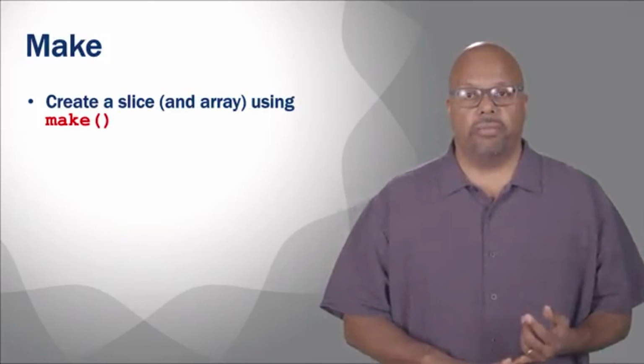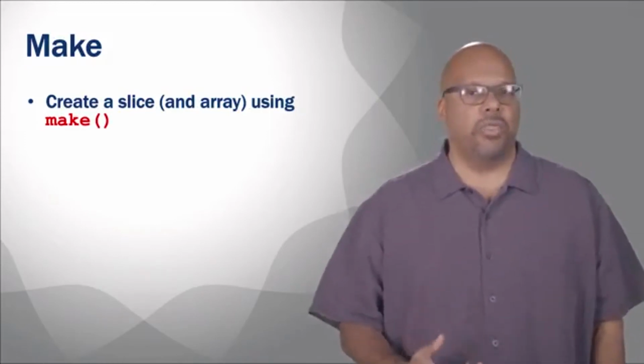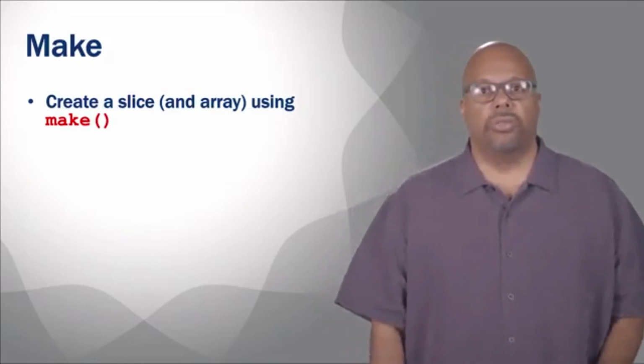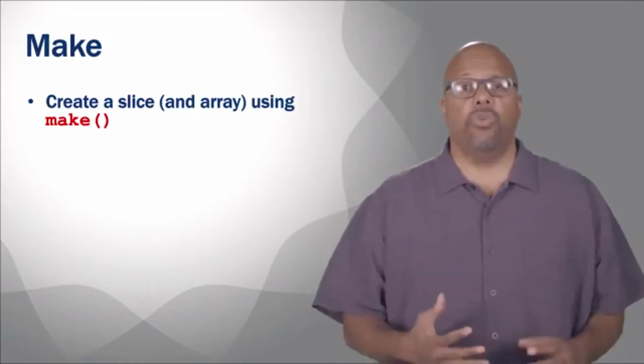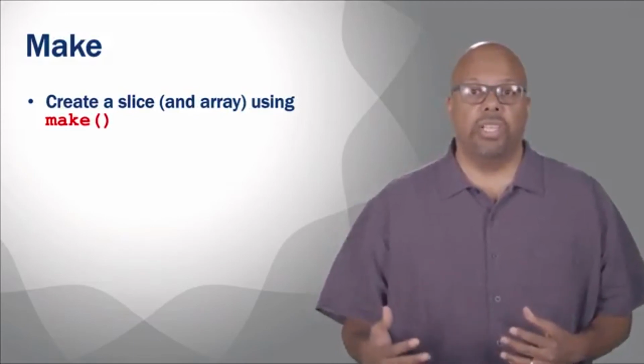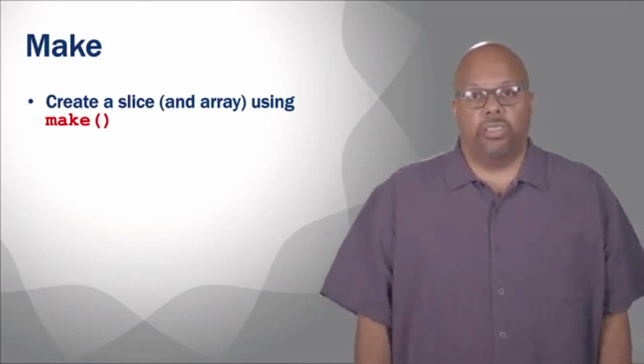This is the third way. You make the slice directly, but you're not initializing with any particular values. So this is common. This is when you want to use a slice because it has this variable size ability, and you don't care that there's an array in the back, right? But you want to initialize a slice to a particular size, at least at the beginning.